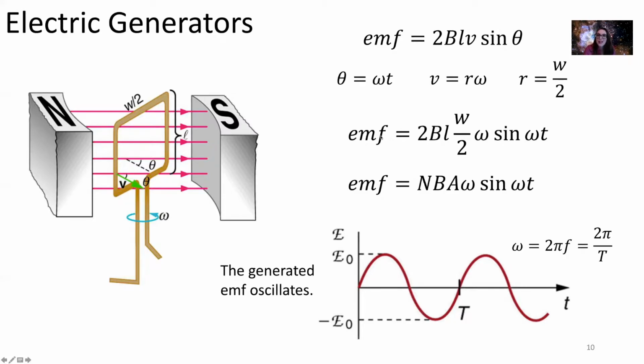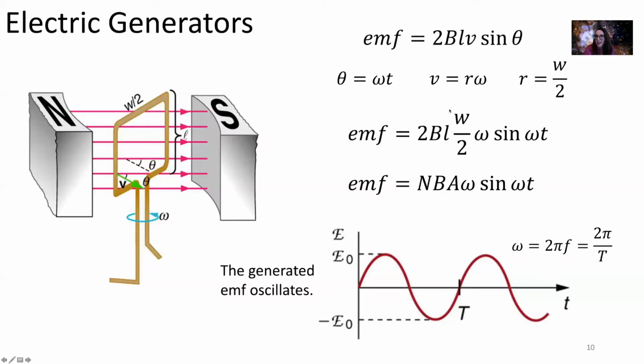So then we can say that the motional EMF is equal to 2 times magnetic field times this length times, V we could write as R times omega. Okay, we could replace this V with R times omega, and R is W over 2, so we've got W over 2 times omega times sine of omega times time.